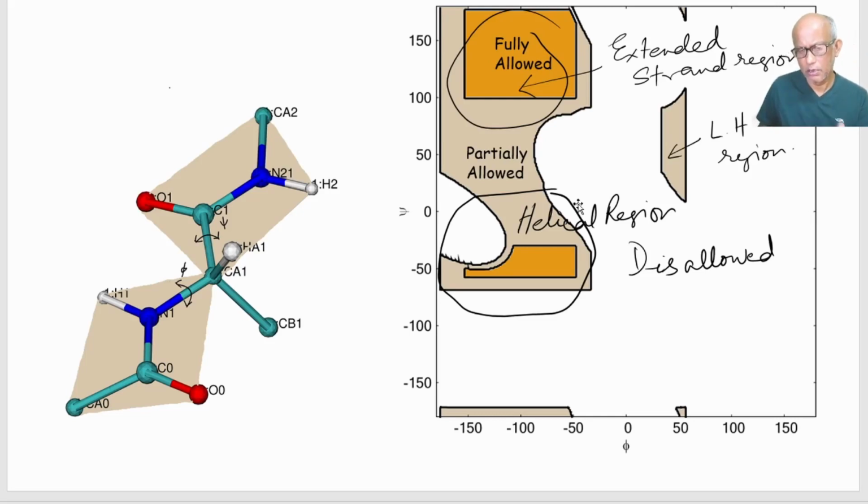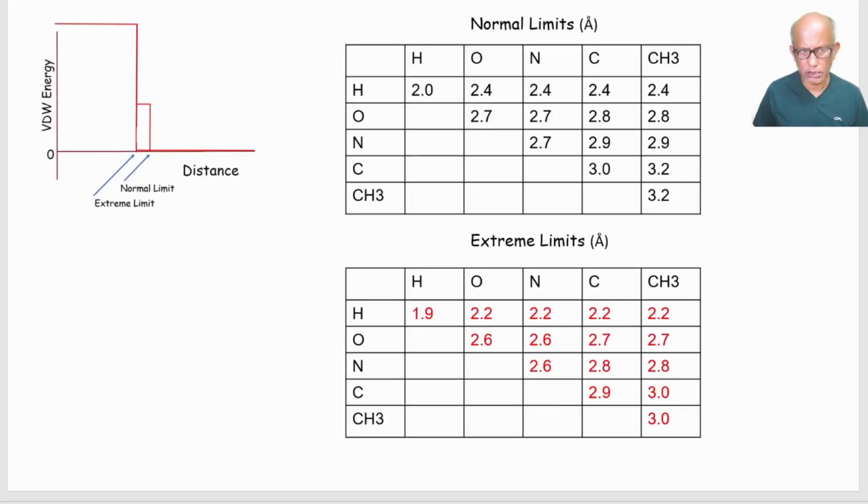In fact, his normal limits and extreme limits, as I said in the previous video lecture, were calculated by looking at crystal structures of small molecules, simple amino acids, dipeptides and so forth, not large proteins.